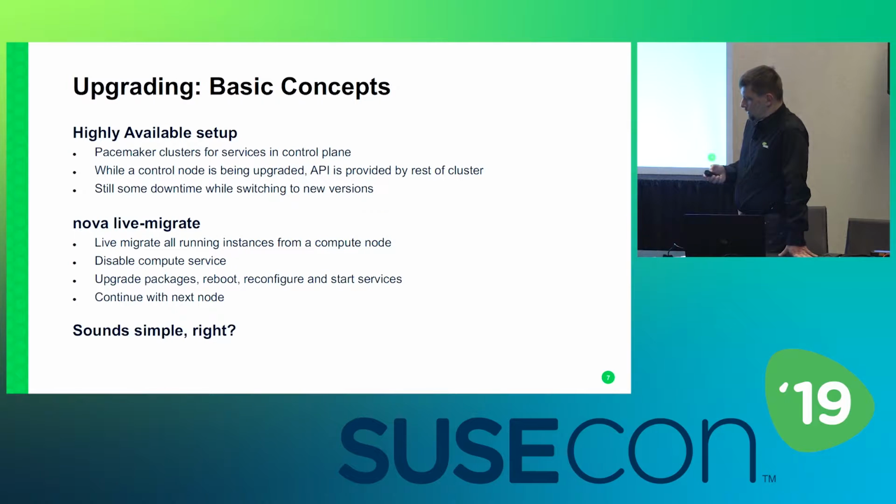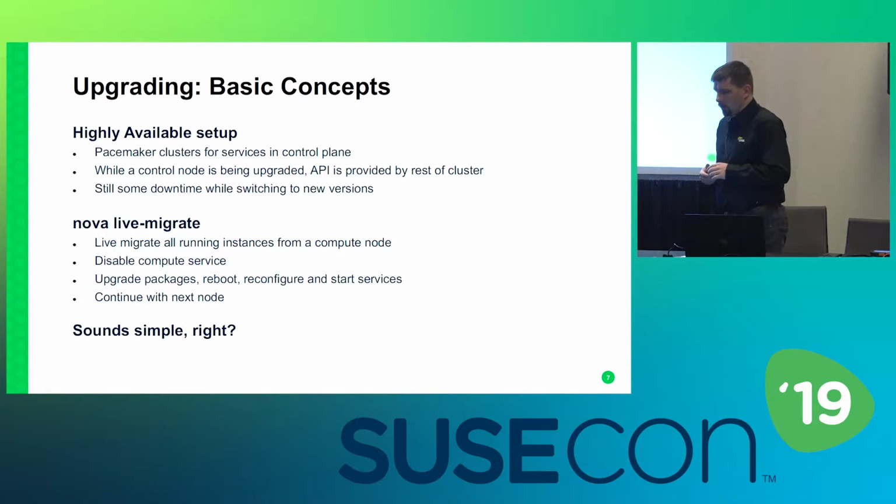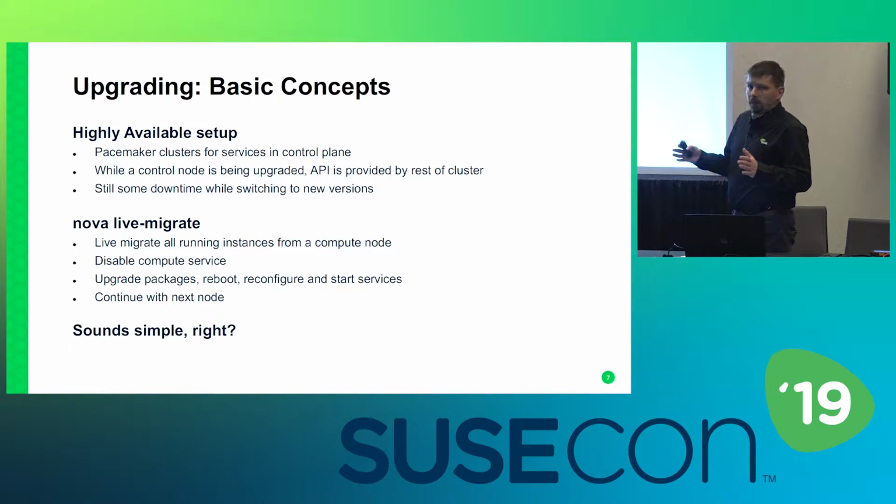And the basic idea here really is to use Nova Live Migration. We take one compute node and use live migration or live evacuation. We basically move every instance that is running on that node to the other compute nodes.